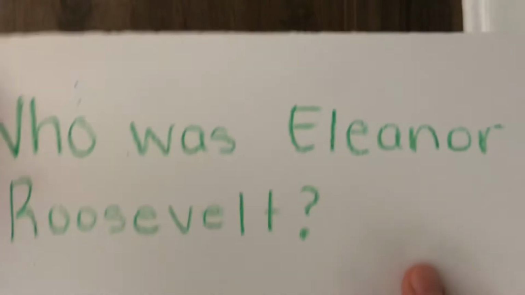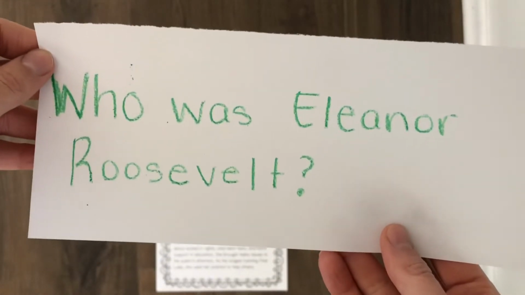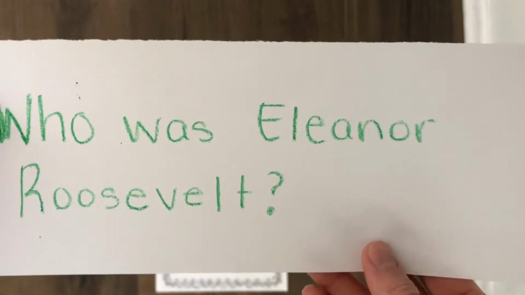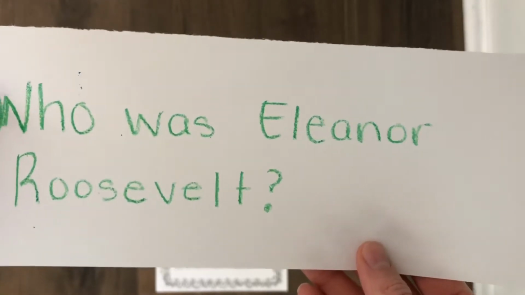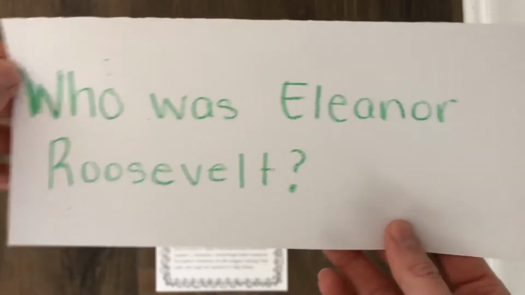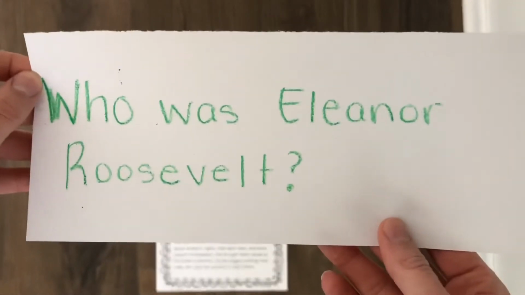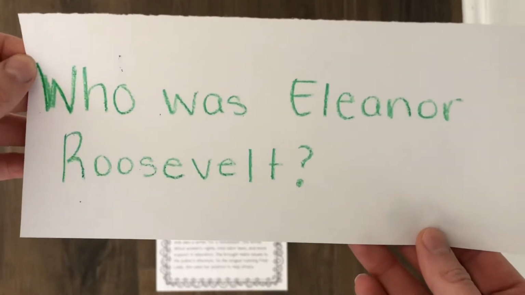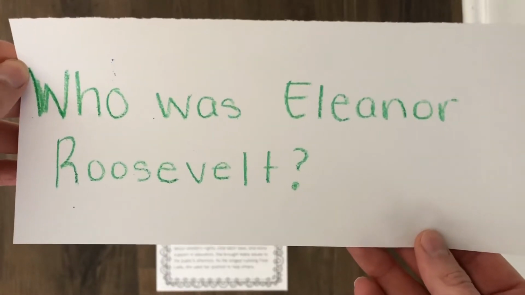So the first question is, who was Eleanor Roosevelt? I want you to pause the video and talk with your team members or somebody next to you about this answer. Who was Eleanor Roosevelt? Try to find it in the text. Then you may push play on the video again.